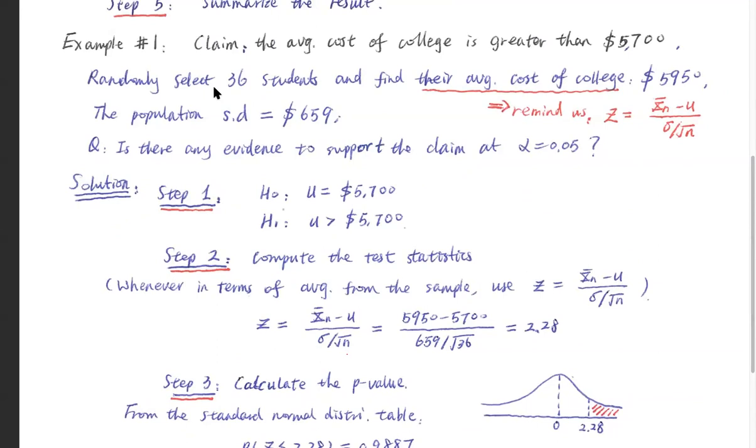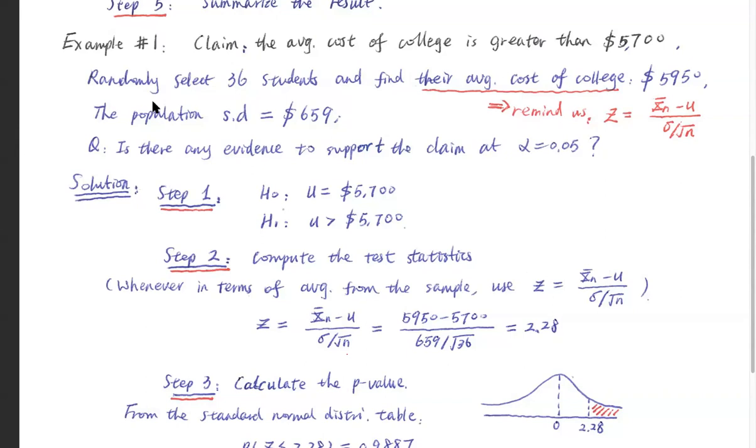This first example here, we are going a little bit slow. After this example, we may take a break. The claim: the average cost of college is greater than $5,700. That's the goal, the hypothesis they want to test. You always want to show or prove something, so you need to get some data, some sample.